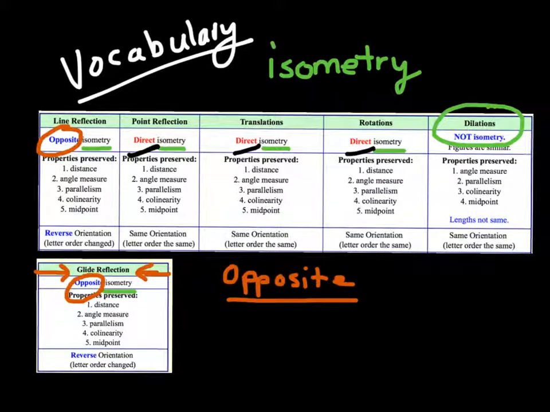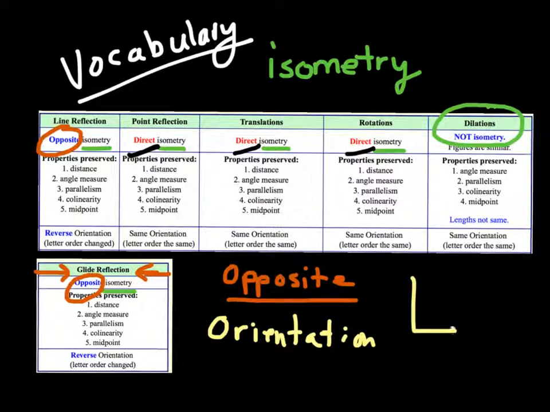And then the last vocabulary word I want to show you again or remind you about is orientation. Orientation is the order of the points, and let me show you an example of transformations that keep the order the same. If I have a triangle ABC, the order, in this case clockwise, is alphabetical ABC.